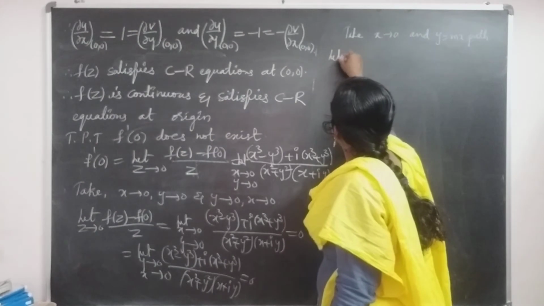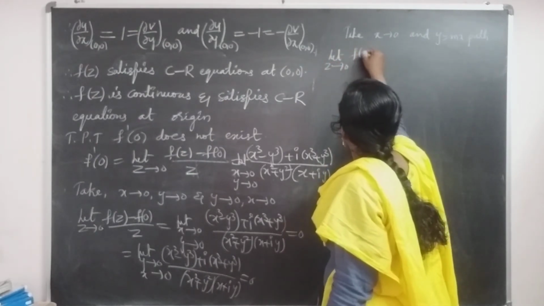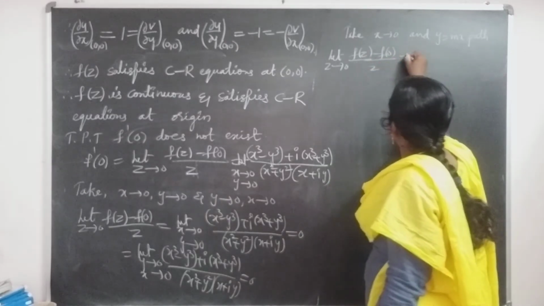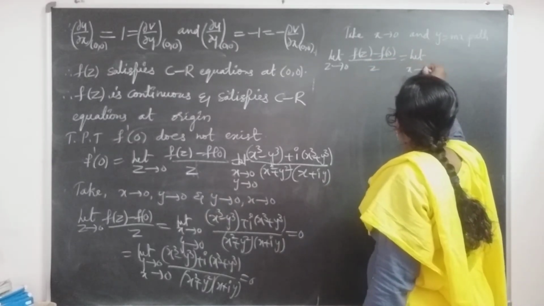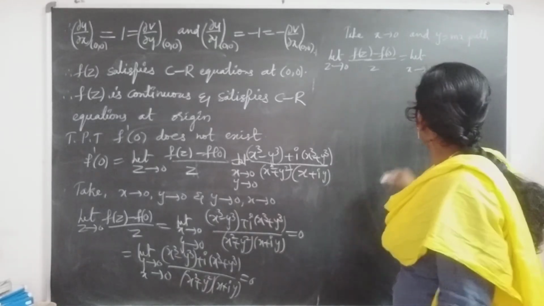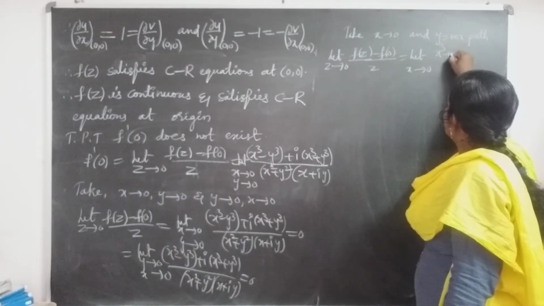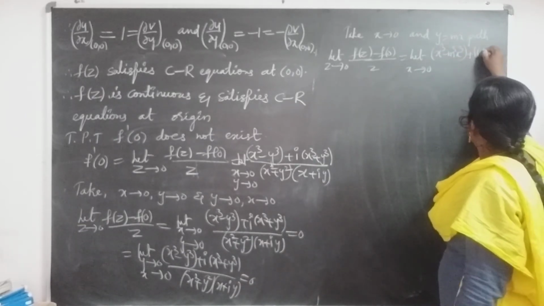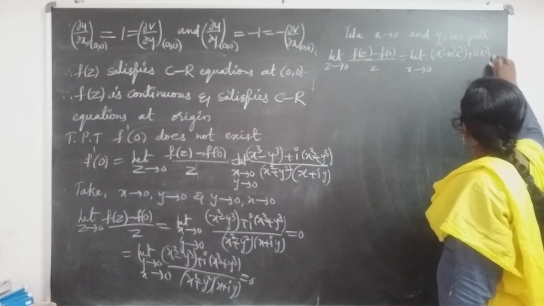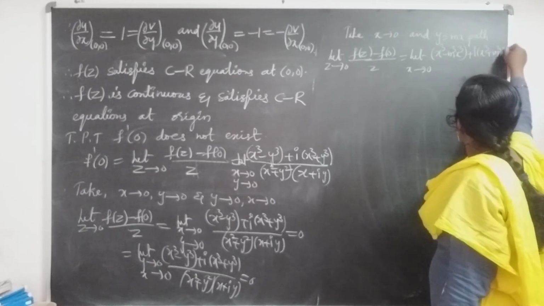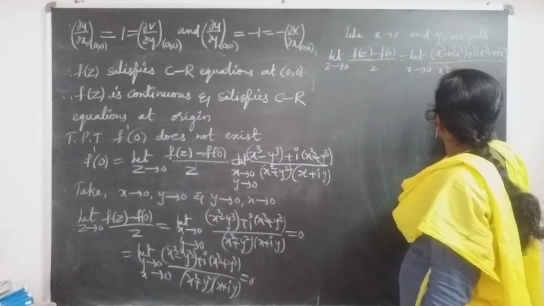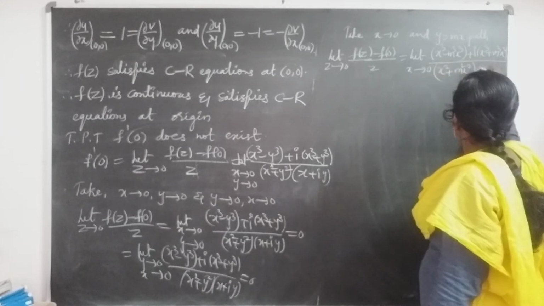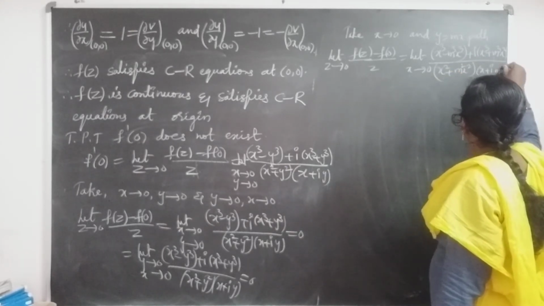Then limit z tends to 0 of (f of z minus f of 0) by z is equal to limit x tends to 0, substitute: (x cube minus m cube x cube plus i into x cube plus m cube x cube) by (x square plus m square x square) into (x plus i mx).